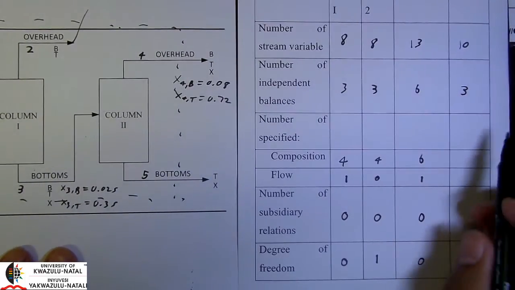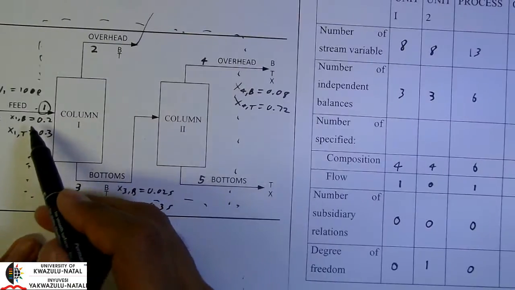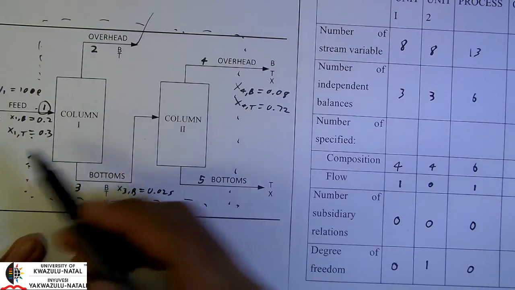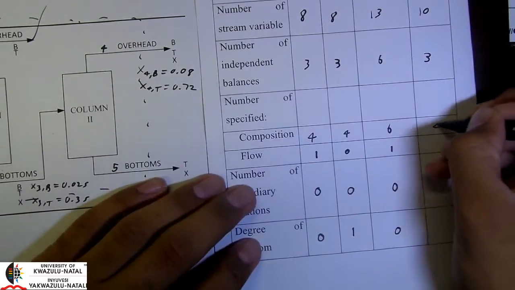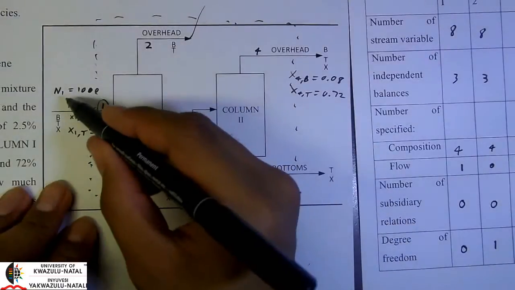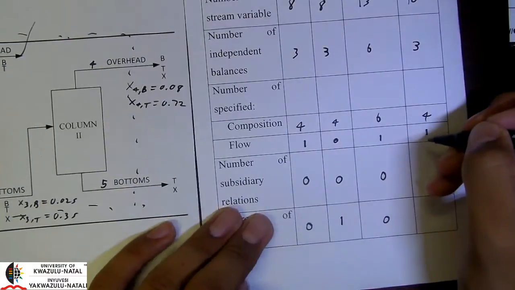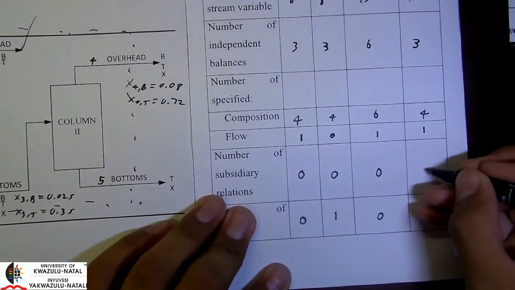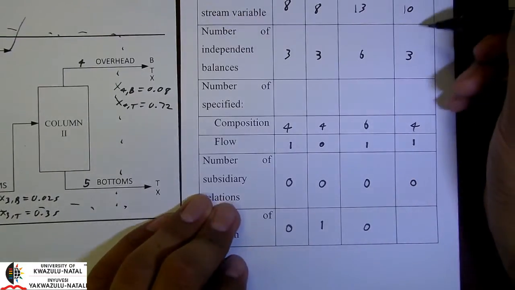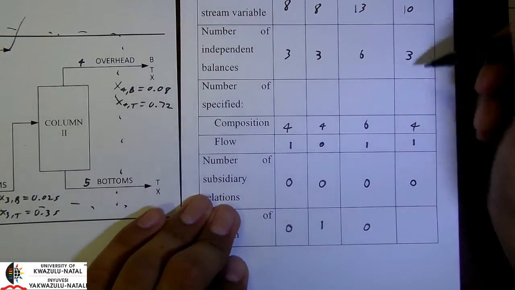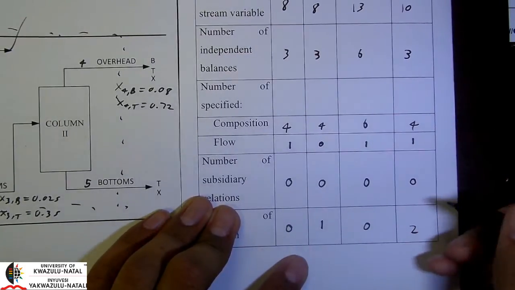In terms of our specified compositions, we would have 1, 2, 3, 4 compositions, and once again 1 flow. And no subsidiary relations, so we have a degree of freedom of 10 minus 3 minus 4 minus 1, so that's a degree of freedom of 2.